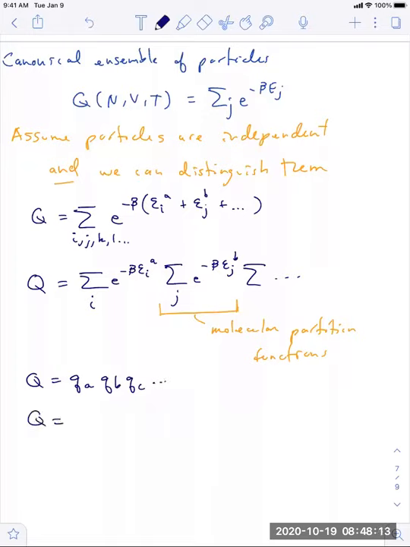Rewriting that in product notation, for each of my particles, here I'm calling a particle nu, I just take the product from 1 to N of the molecular partition function for each of those particles.